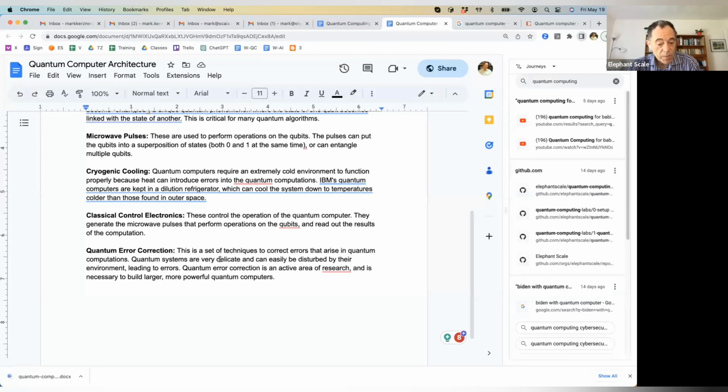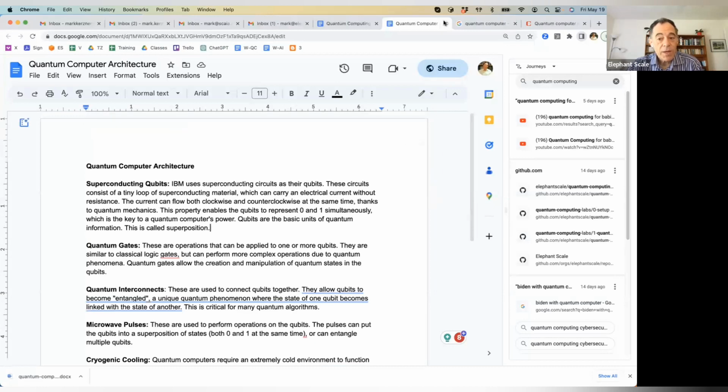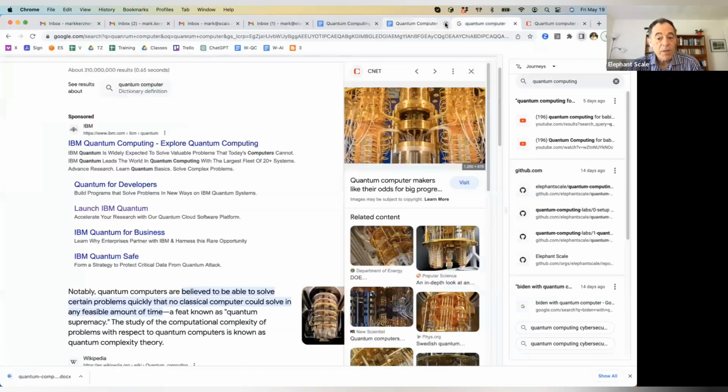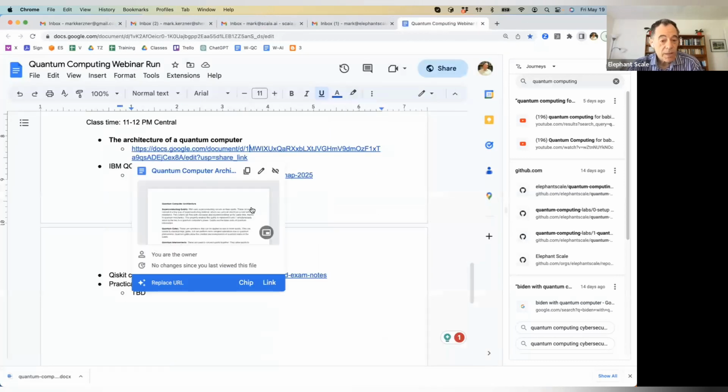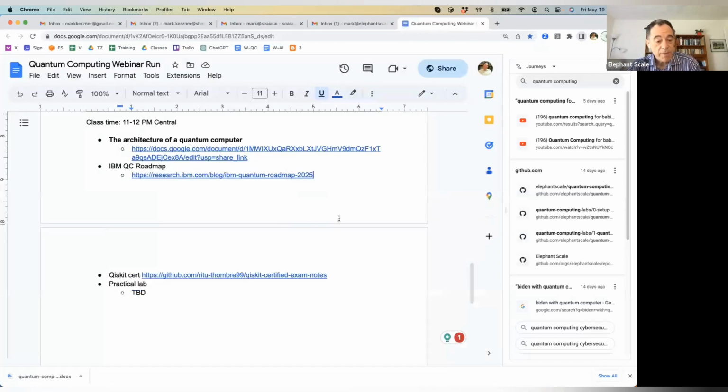So we said quantum systems are very delicate, and a lot of research goes into how to fix those errors. That's all we can say now about the architecture of quantum computing. It may not be completely clear, but that's another step in this direction.